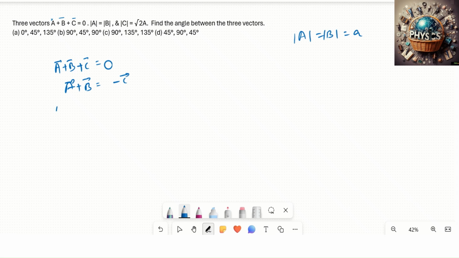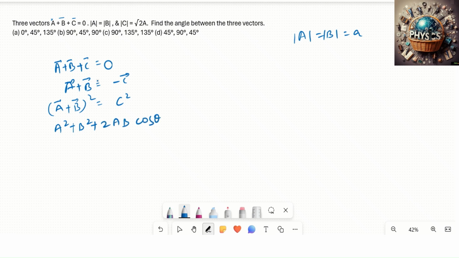If I square both sides, it will be A plus B whole square equals C square, which is A square plus B square plus 2AB cos theta.